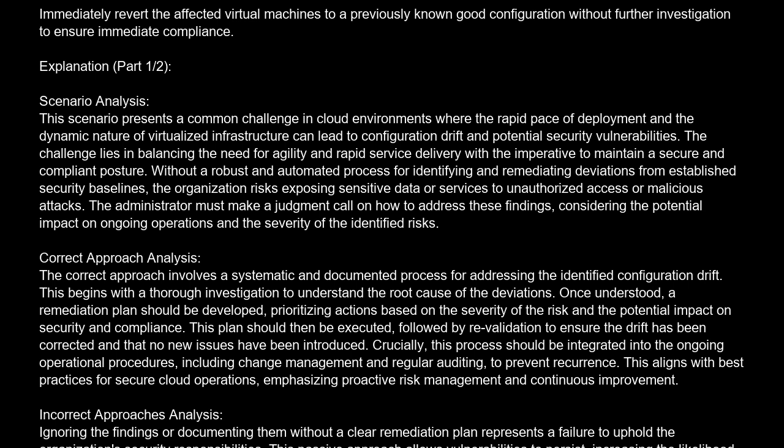This plan should then be executed, followed by revalidation to ensure the drift has been corrected and that no new issues have been introduced. Crucially, this process should be integrated into the ongoing operational procedures, including change management and regular auditing, to prevent recurrence. This aligns with best practices for secure cloud operations, emphasizing proactive risk management and continuous improvement.